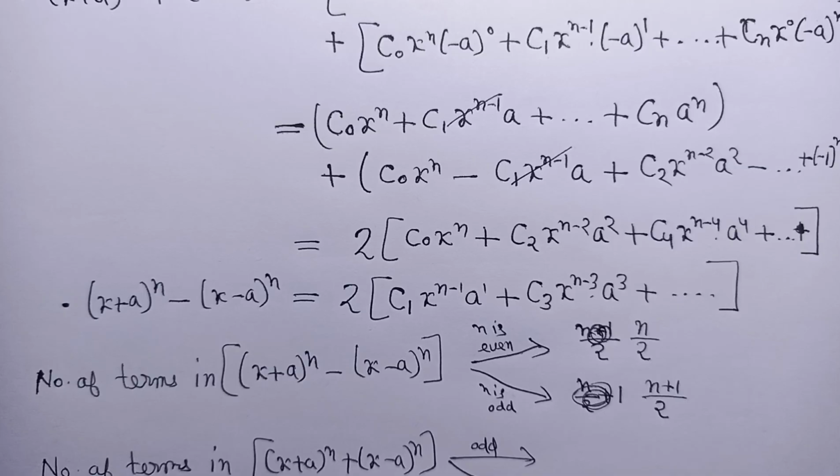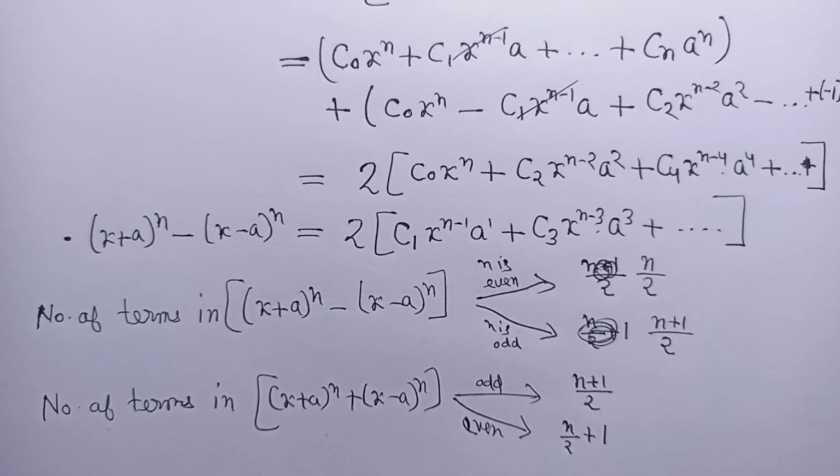So when n is odd, you will have n plus 1 divided by 2 terms, but when n is even, then you will have n by 2 plus 1 terms. So this is something that you have to memorize, or otherwise you have to expand this.